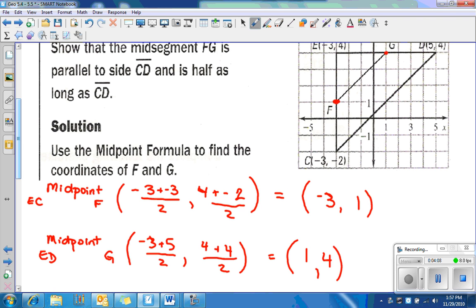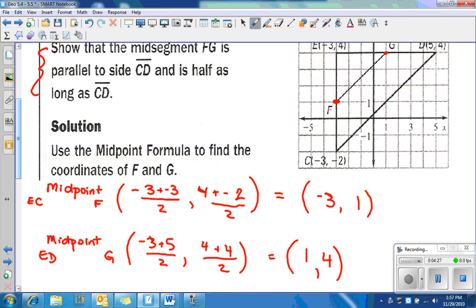And then it wants me to show the midsegment FG that we just found, those points. Okay, that's how you find those points. It wants me to show that the parallel line is half of CD. So I want to show that FG is half of CD.